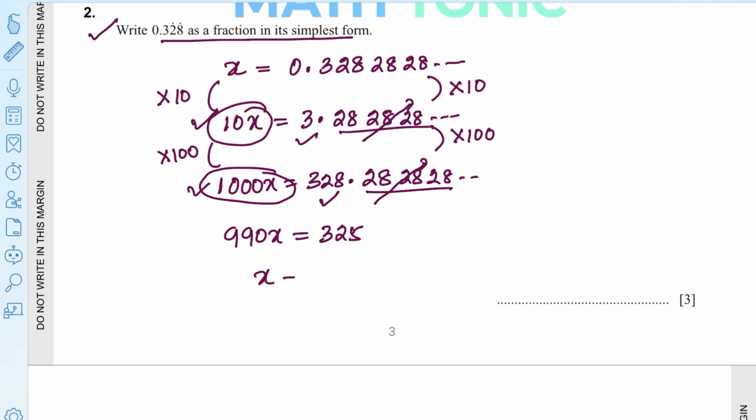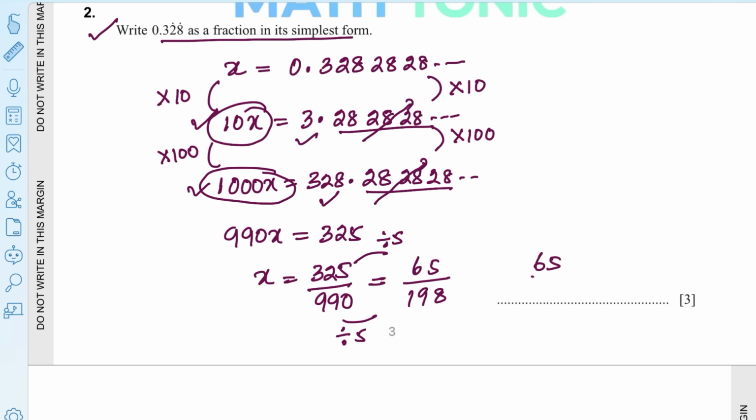Now x equals 325 over 990. And if you simplify more, we can divide by 5 here: 5 sixes are 30 and 5 fives are 25, so it will be 5 ones are 5, 5 nines and 5 eights are 40.